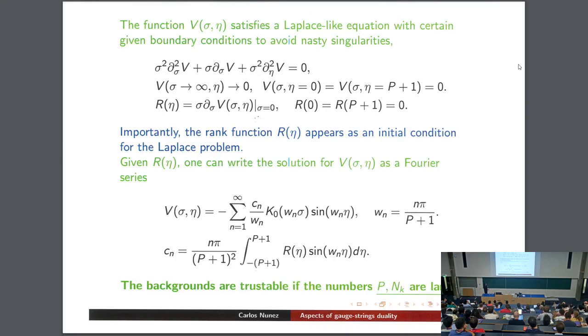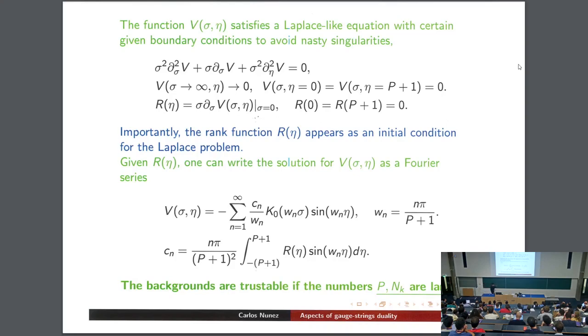And what's most interesting is that this rank function we were defining before enters as sort of an initial condition for the Laplace problem, okay? So you can take this system, choose a given rank function, and separate variables and solve it. That's the solution. So you see it's kind of a Fourier-Bessel series where the Fourier coefficients are the Fourier transform of the rank function.